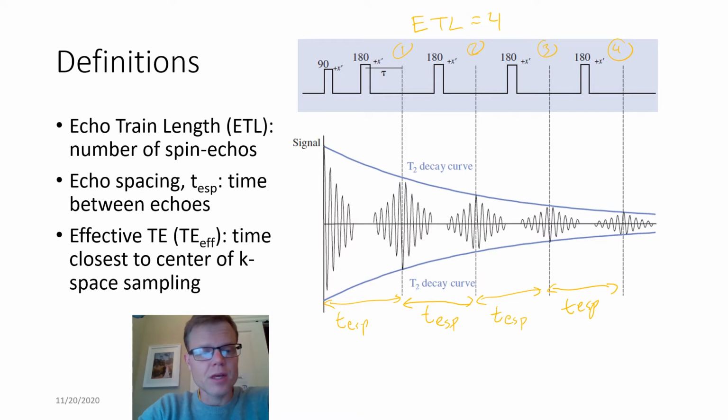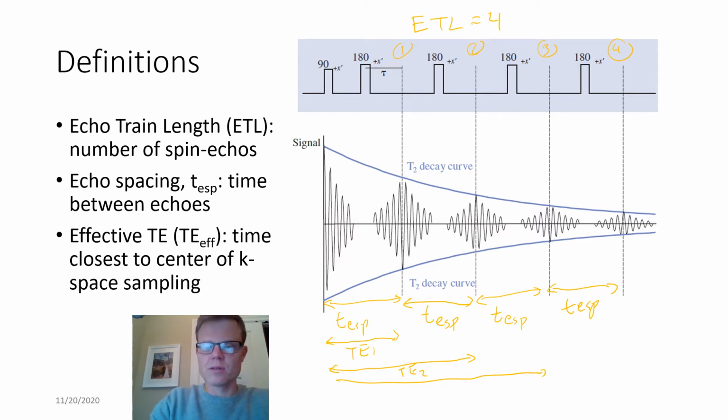And then the final thing you'll notice with this sequence is that we actually have multiple different echo times, at least by the definitions that we've used before. We have a first echo time for this first spin echo, and I'll often use the notation TE1, TE2, TE3, and we can squeeze in TE4 here as well.